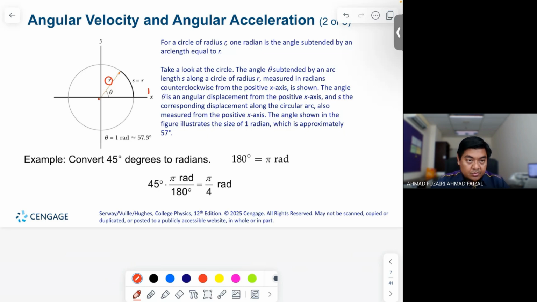So the rotation started from the positive axis going into the y-axis.